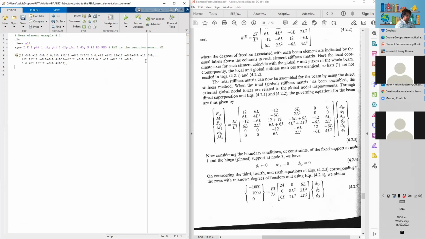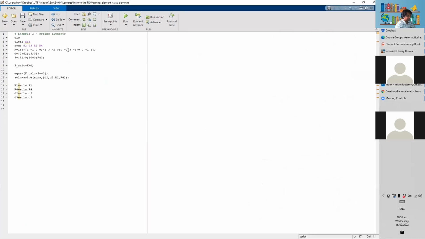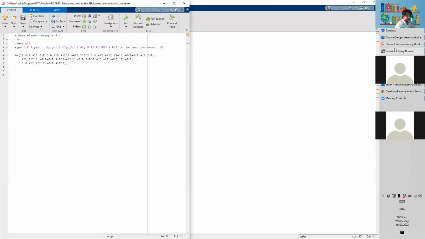All right, so the next step, referring back to the first one we did, the K matrix, and we define the D matrix. So we could go and work on the D matrix now.